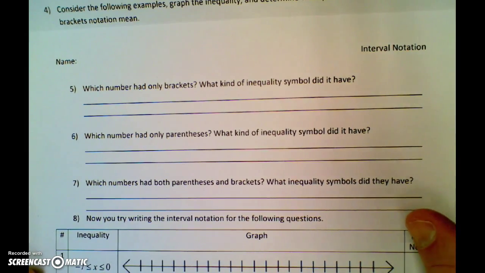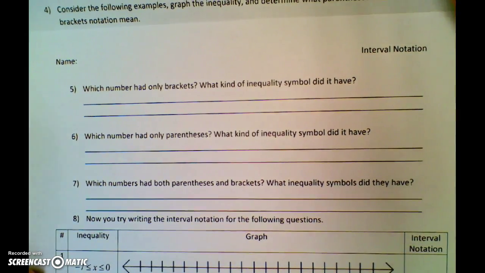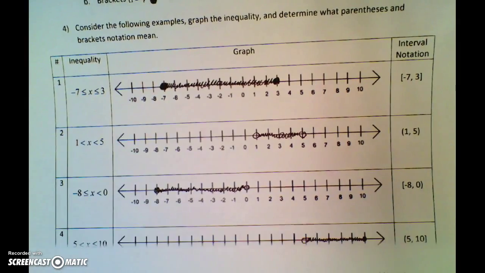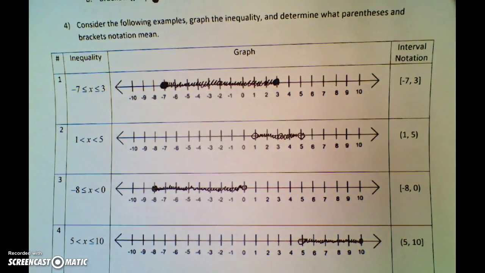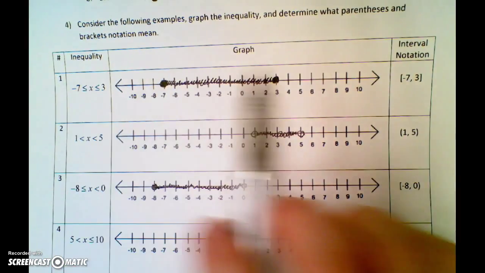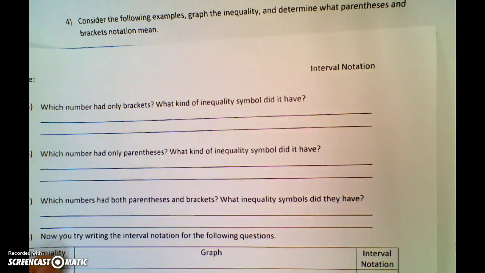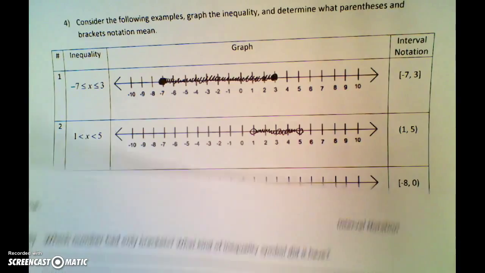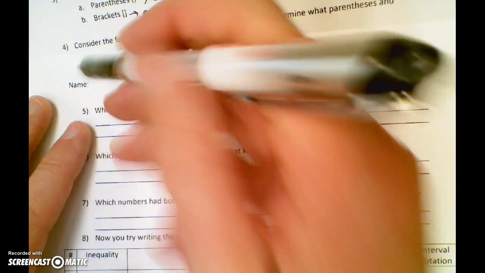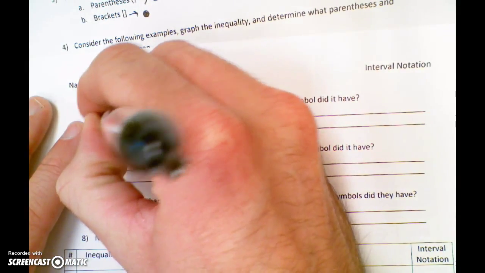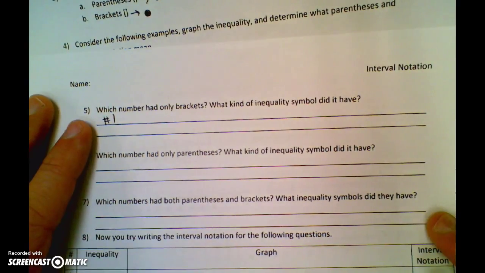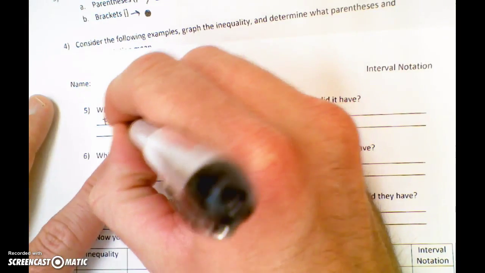Which number only had brackets in the inequality statements? So if I look, the number that only had brackets was number 1. My answer only had brackets. And what kind of inequality symbol did it have? Well, that one only had the less than or equal to. So number 1 only had brackets.